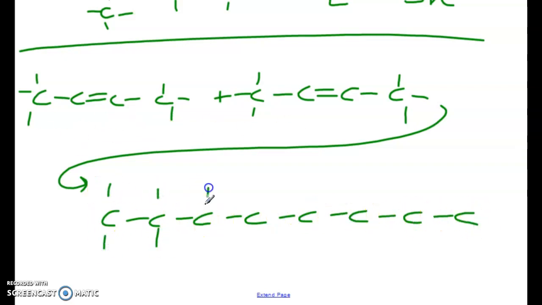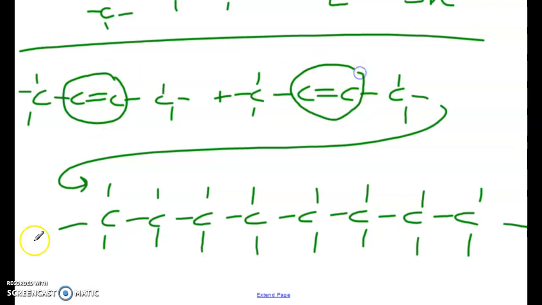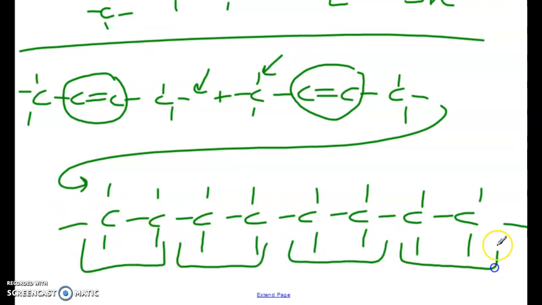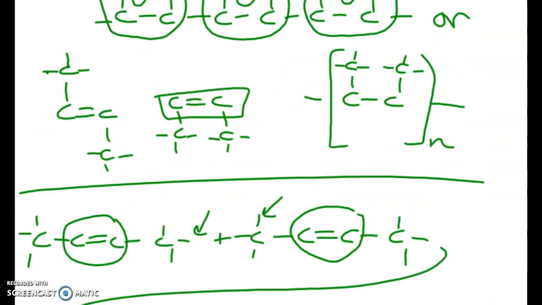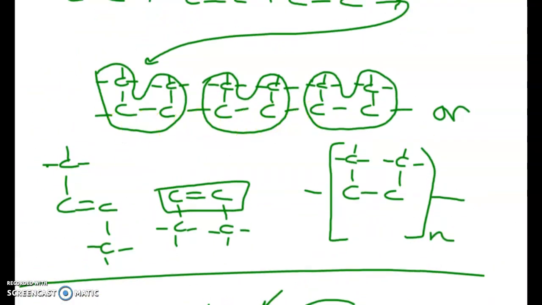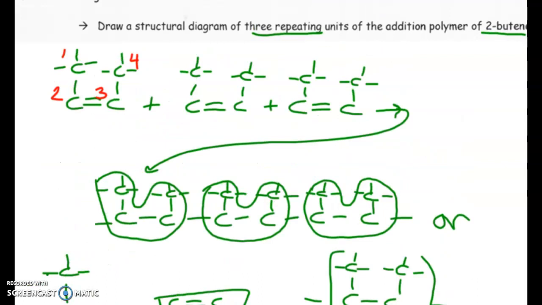And then they'll do this. But that's not true. The connections are happening here and here, not at this end and this end. By drawing it straight like this, you are saying that this is basically ethene, right? So just be mindful. I would recommend you draw it this way because it's easier to visualize where the connections are going to be happening.